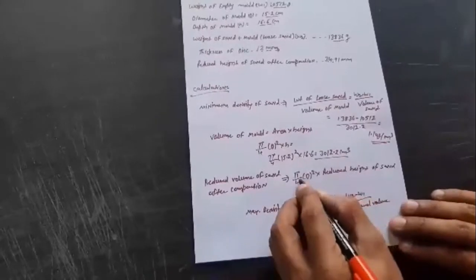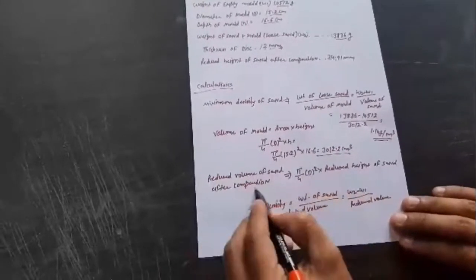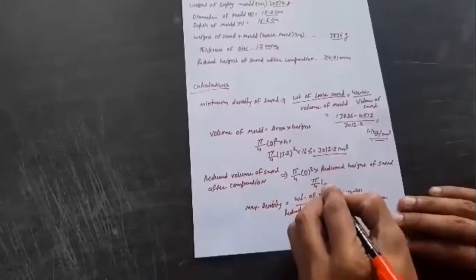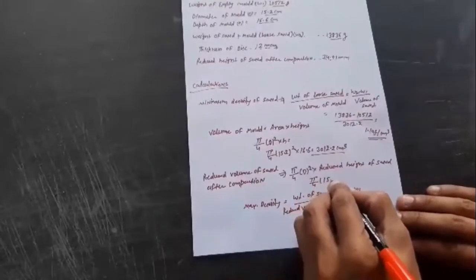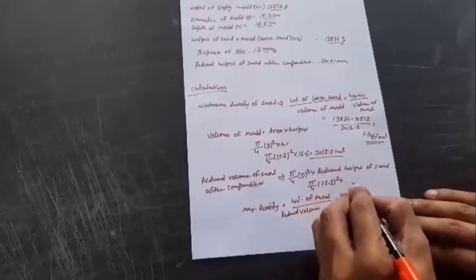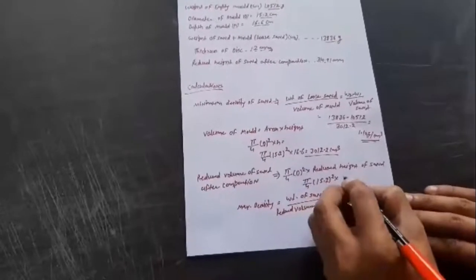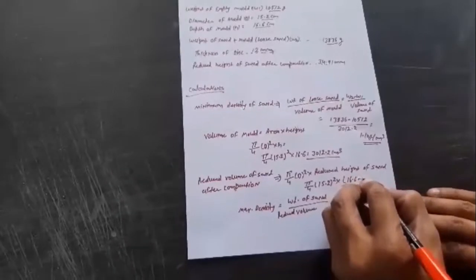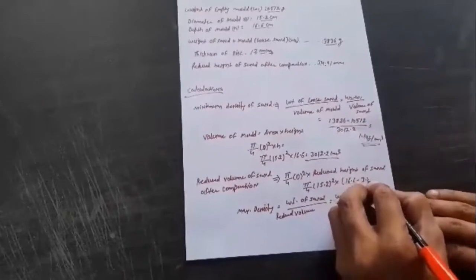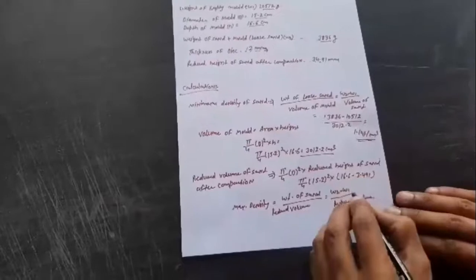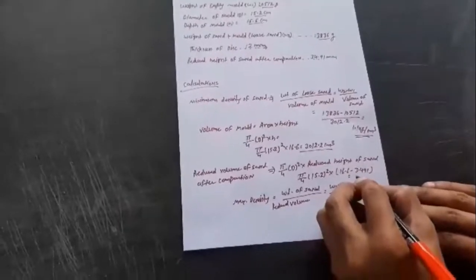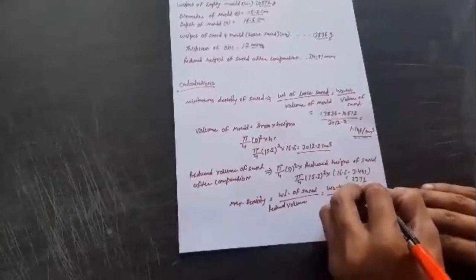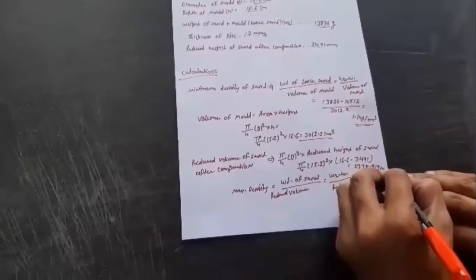Now calculate the new or reduced volume. After compaction, the height of the sample is reduced while the volume of the mold remains the same, so we need to consider the volume of the reduced sand. The diameter remains the same, but the height is now reduced: initially the height of the sample or mold was 16.6 centimeter minus 3.491 centimeter. Subtract the reduced height, and after that calculate the volume.